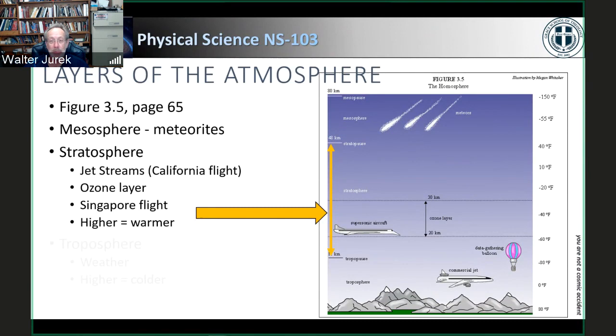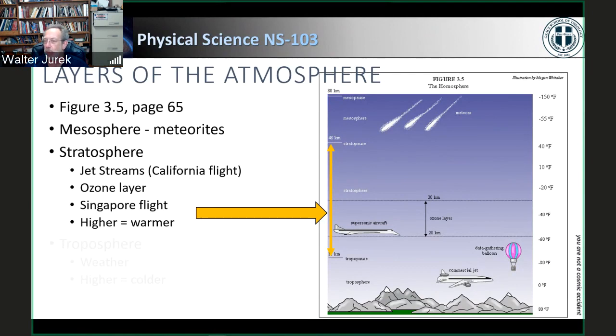Maybe you've heard the weatherman talk about the jet stream today. This is where the jet stream does its thing, up in this layer in the stratosphere. Which, I've got to tell a story. There was one time I had to go on a business trip from here in Texas up to San Francisco, California.